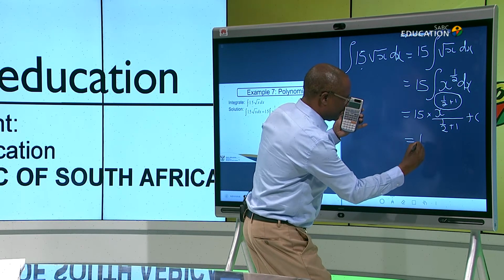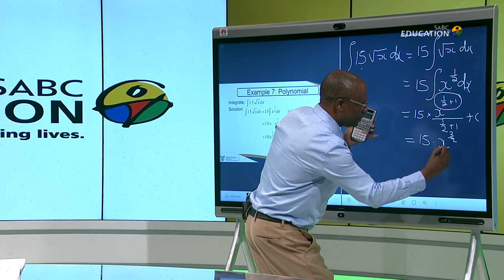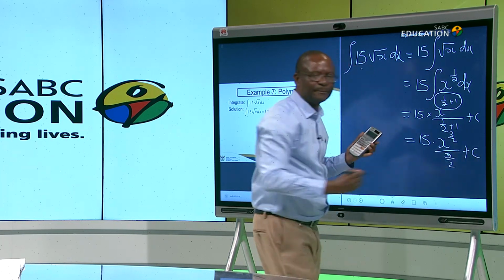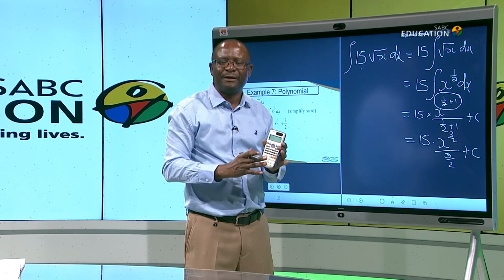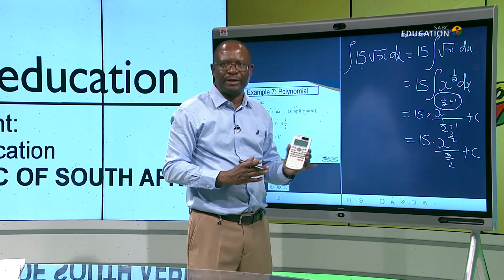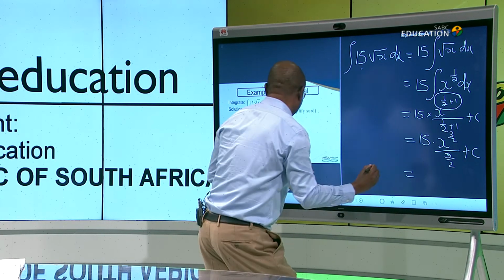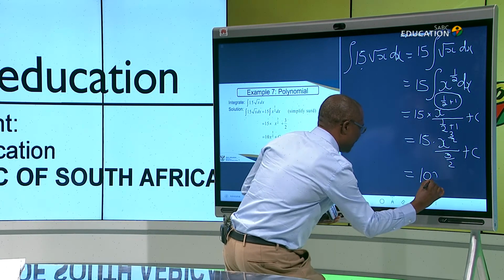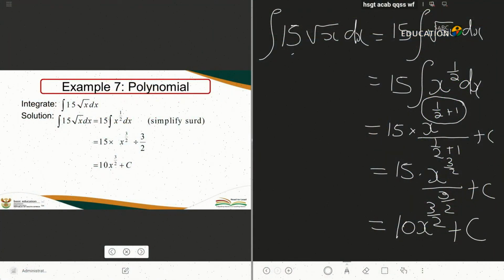Then this will be 15 multiplied by x to the exponent of 3 over 2 divided by 3 over 2, plus c. You can come to the calculator only if you know that you are struggling with addition and subtraction of fractions. Then don't be scared to use the calculator, so that at least you can save your exam time. If you simplify everything here, this will be 10 x to the exponent of 3 over 2 plus c.